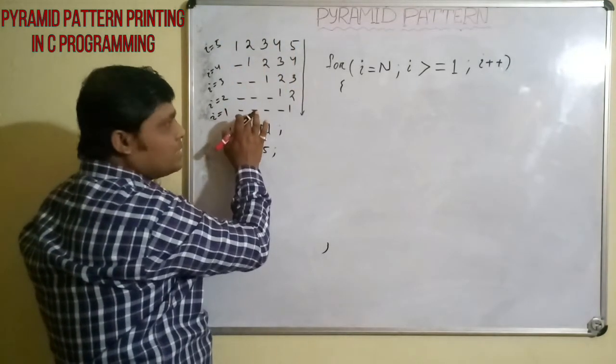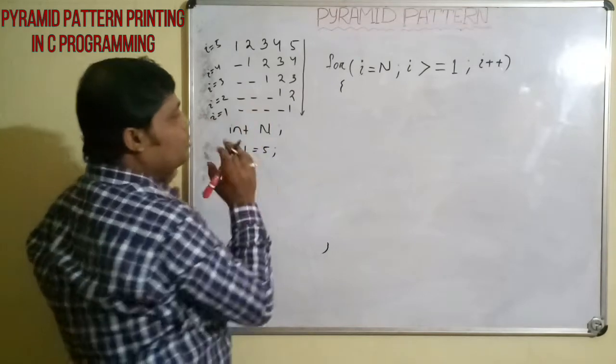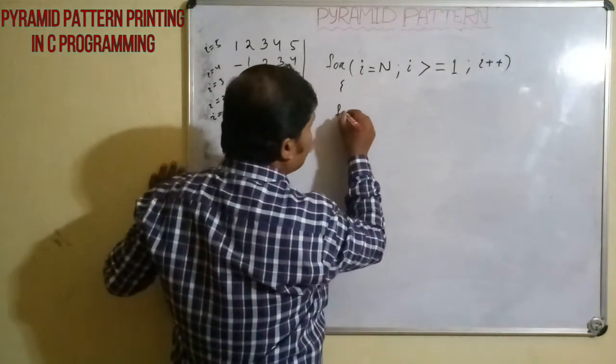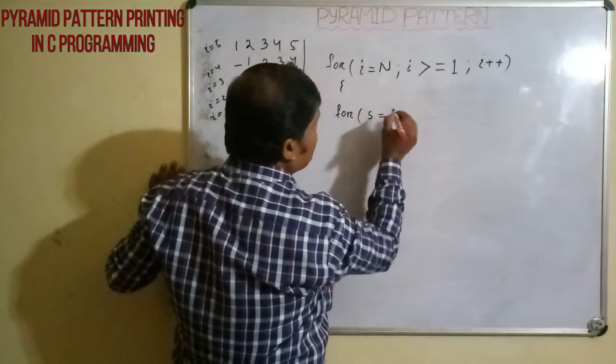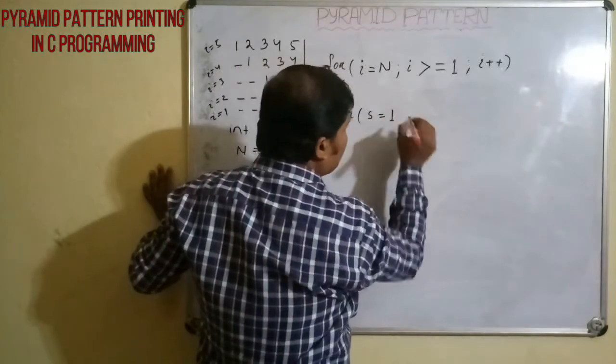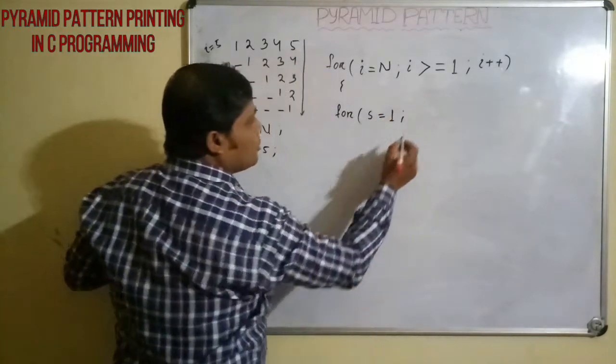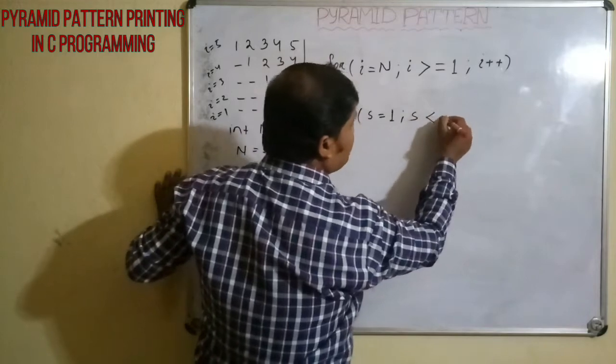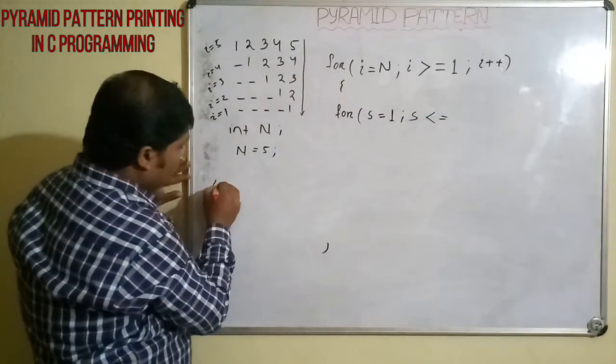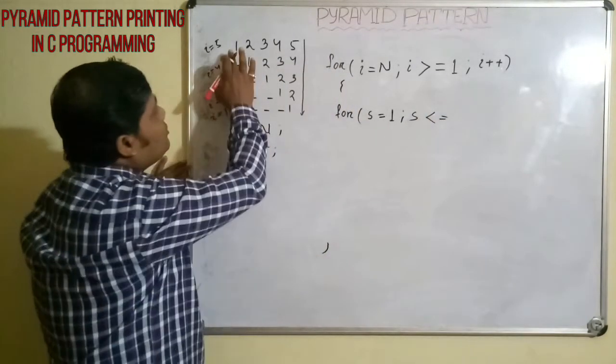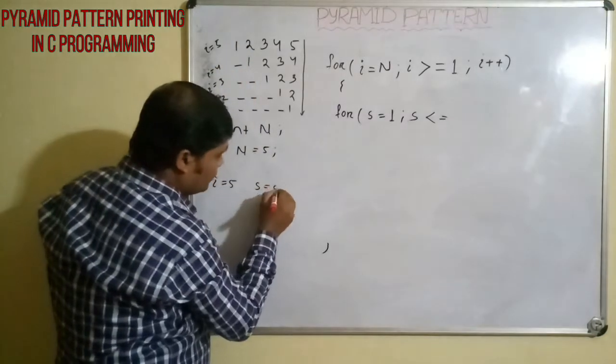So for printing the spaces before numbers, we have to take one loop, that is space loop for space. Suppose I am starting from 1. Just see, when i value is 5, there is no space. Space is 0.